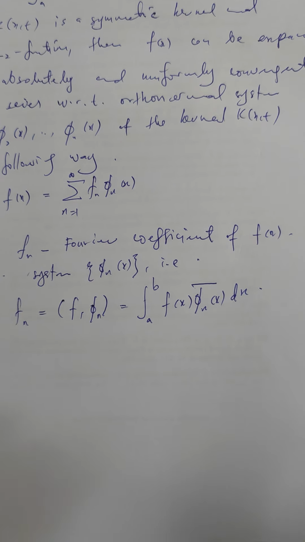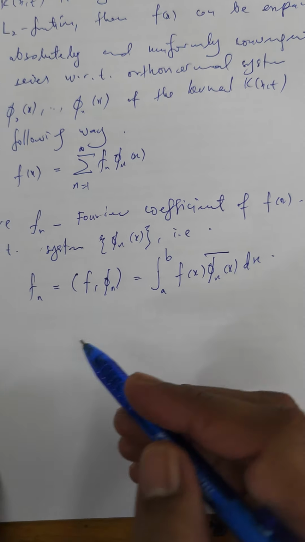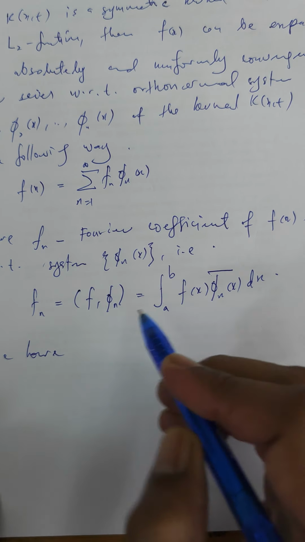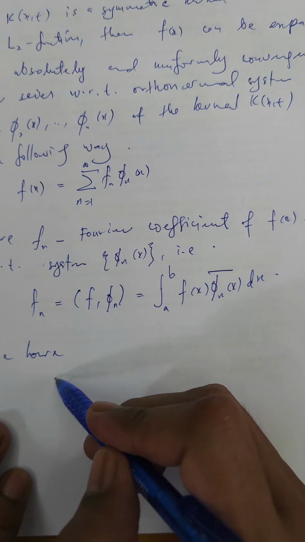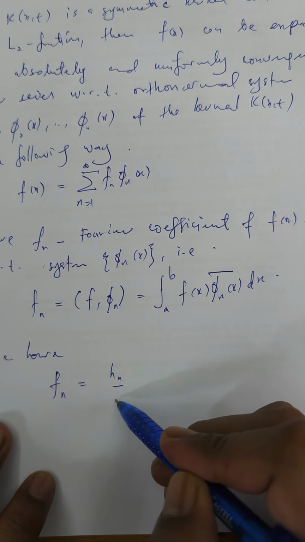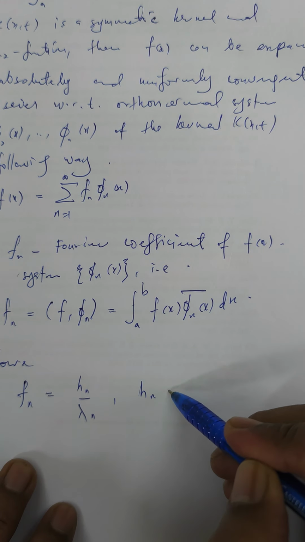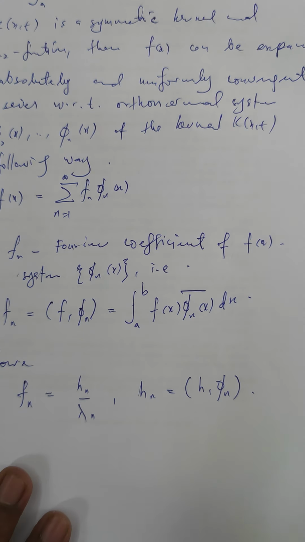Moreover, the Fourier coefficients f n of the function f(x) are related to the Fourier coefficients h n of h by the following relation: f n is given as h n over lambda n, where h n is the inner product of h and phi n.